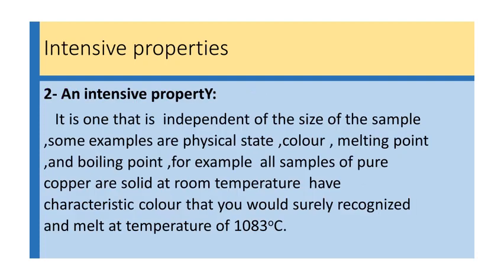An intensive property is one that is independent of the size of the sample. Some examples are physical state, color, melting point, and boiling point. For example, all samples of pure copper are solid at room temperature, have characteristic colors that you would surely recognize, and melt at a temperature of 183 degrees centigrade.